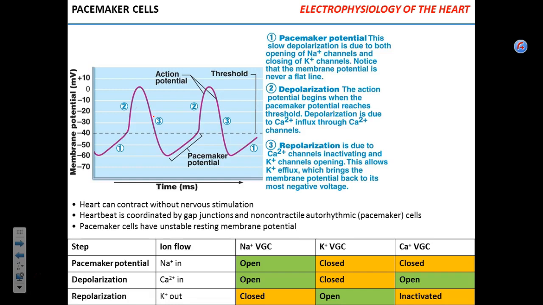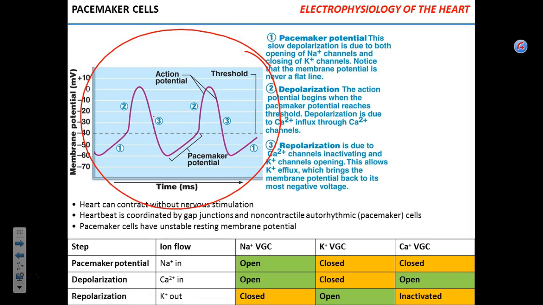So it turns out that the heart maintains its own rhythmical contractions via the cells that we call pacemaker cells. These cells are altered, changed cardiomyocytes. Okay? That makes sense. So it's muscle cells, cardiac muscle cells, but they're slightly different.